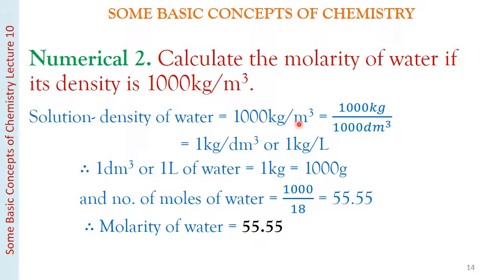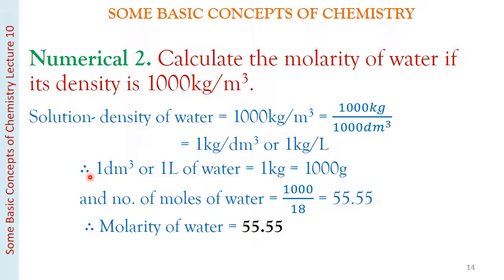So we can convert this meter cube into liters. We have 1000 kg divided by 1000 decimeter cube, because 1 meter is equal to 10 decimeter, and 1 decimeter cube is equal to 1 liter. So you can write this as 1 kg per decimeter cube or 1 kg per liter.